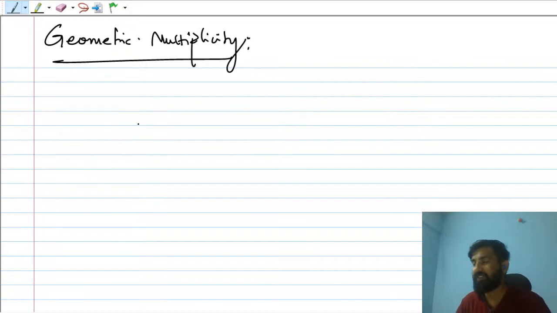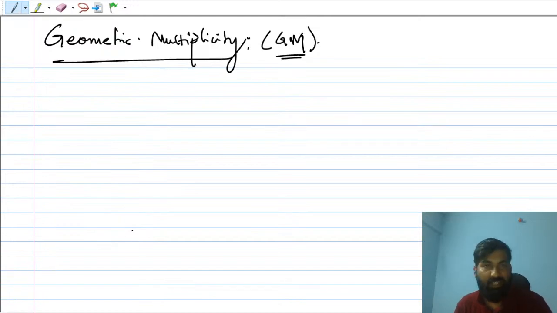Geometric multiplicity, okay, so what will be geometric multiplicity, that we have to understand. The basic definition: I will just tell you what is the meaning of geometric multiplicity.